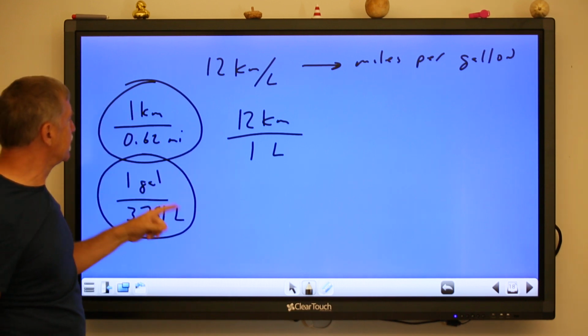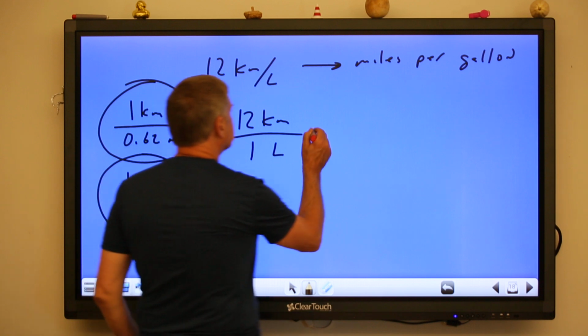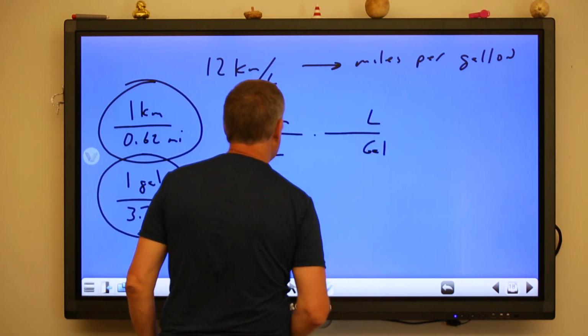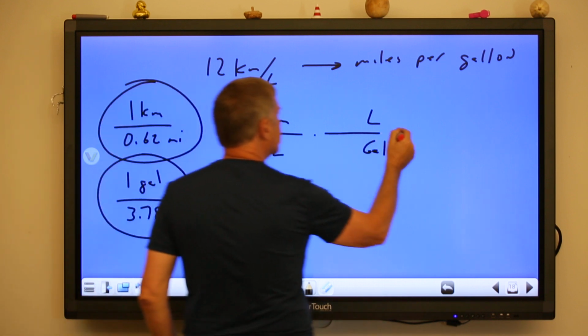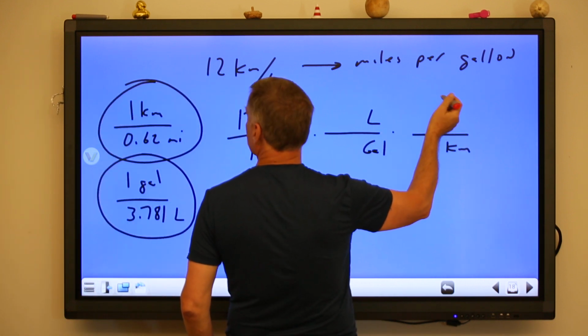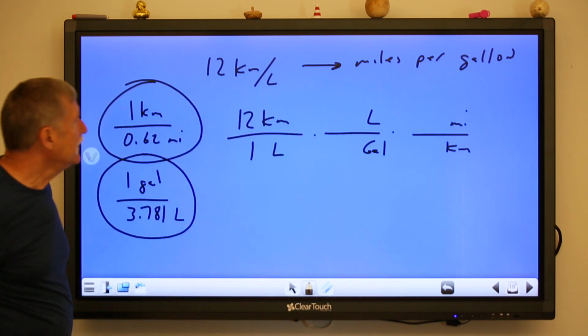So if I want to get rid of liters and leave gallons, all right? So I would put liters here and gallons there. And then to get rid of kilometers, I got to put kilometers down here and miles up here, all right?